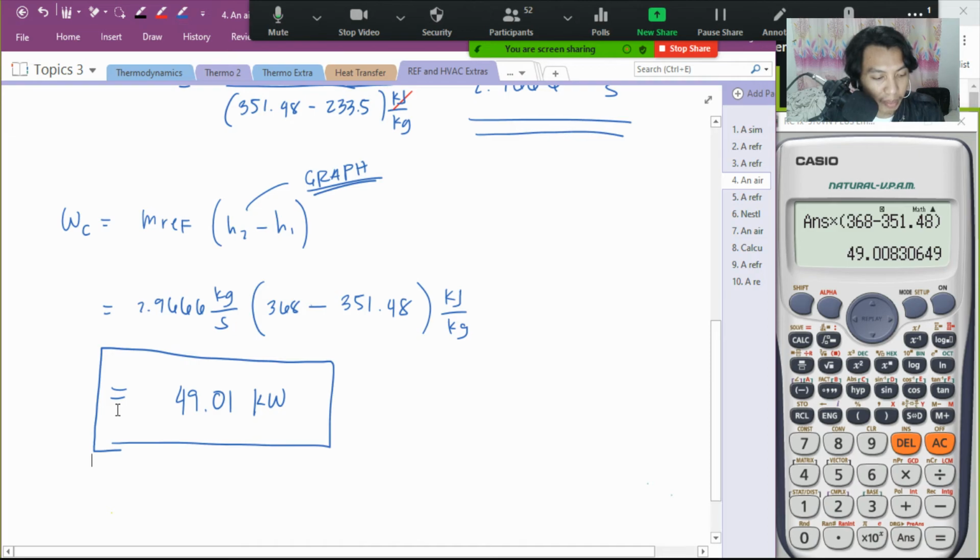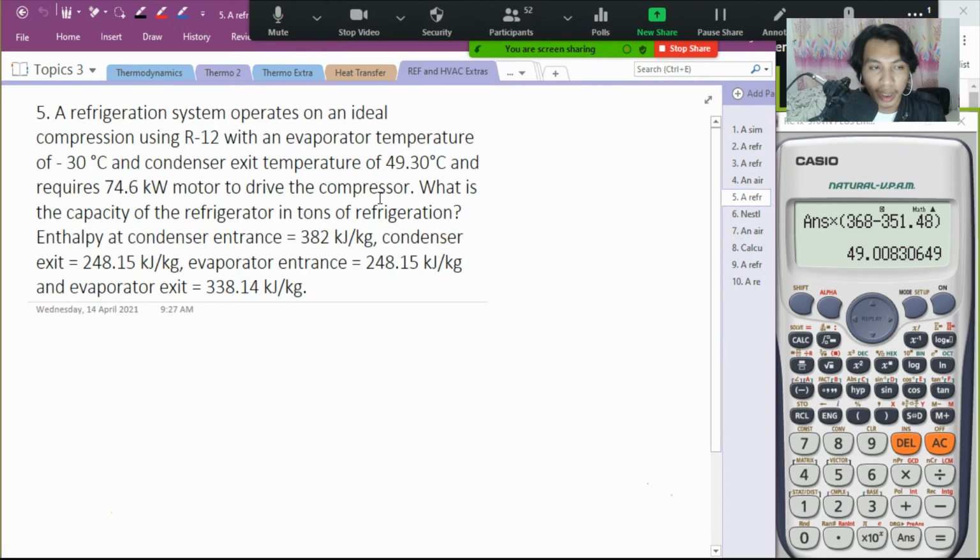How about number 5? Let's see. A refrigeration system operates on an ideal compression using R12 with an evaporator temperature of -30 and condenser exit temperature of 49.3 degrees Celsius and requires a motor to drive the compressor. So you have a motor work of 74.6 kilowatts.